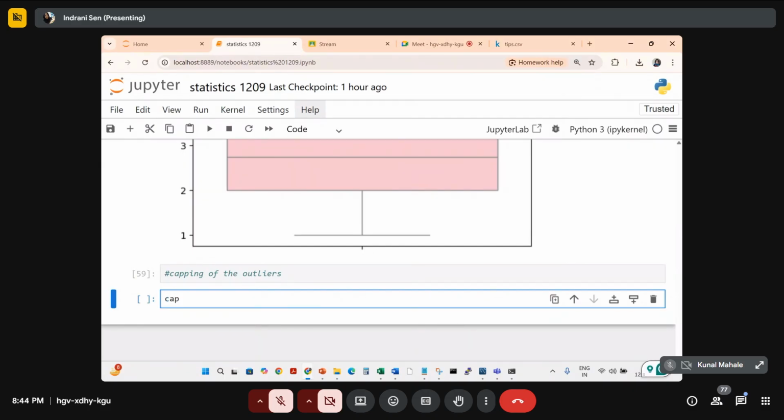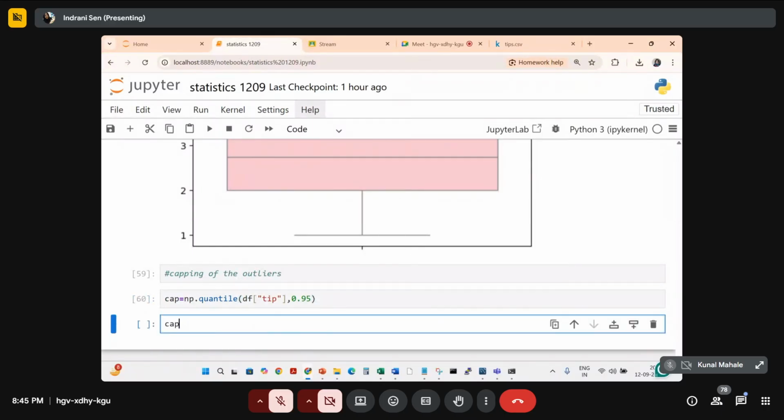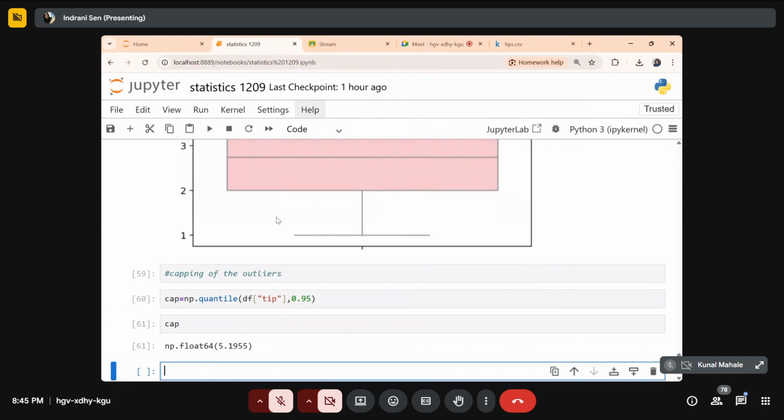The cap is equal to np.quantile. So this is the cap, and I'm going to replace the outliers with this cap.